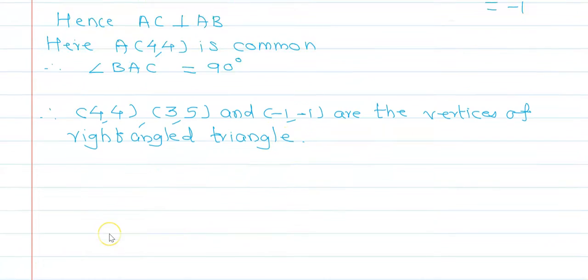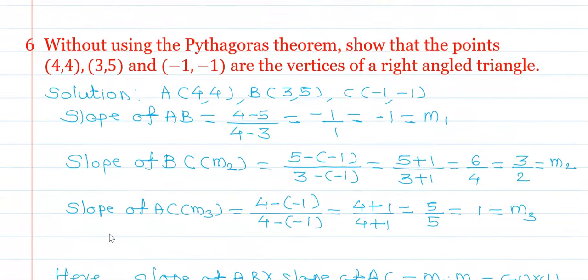It's very simple. Find out the slopes. The product of the slopes is -1, and therefore they are the vertices of the right angle triangle.